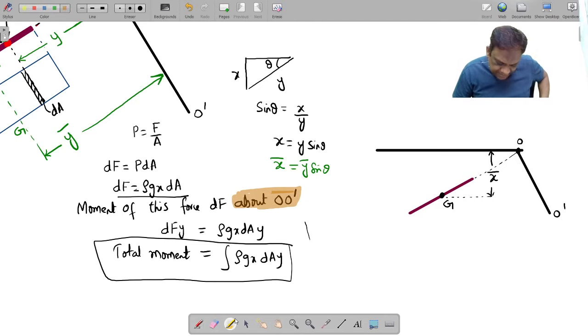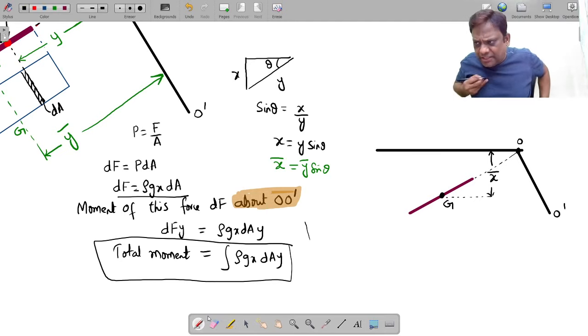It will definitely not be at G, but below G. Honestly, I don't know where it is. It is my effort to find that position. So let this be the center of pressure.